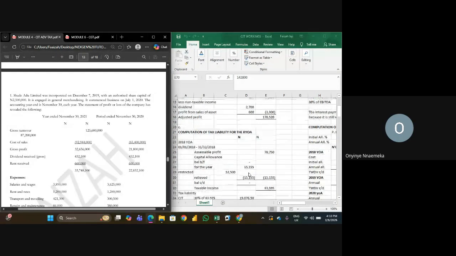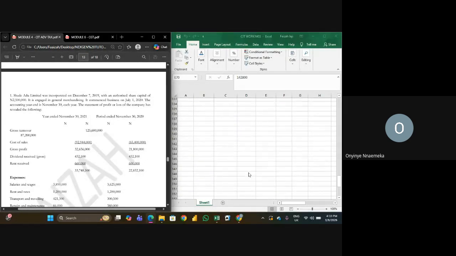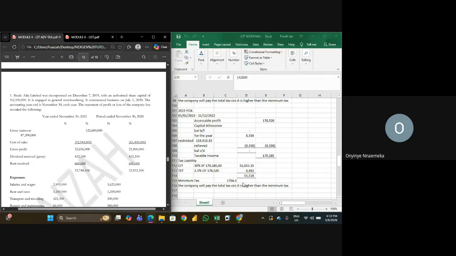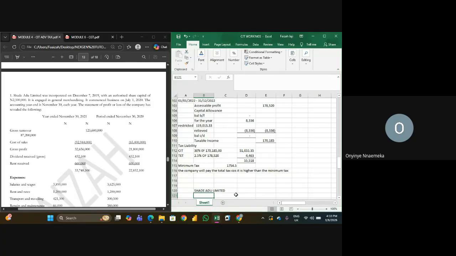We already finished soft form, so we can try out Shadi. Let's quickly go through the question and see what we are required to do.